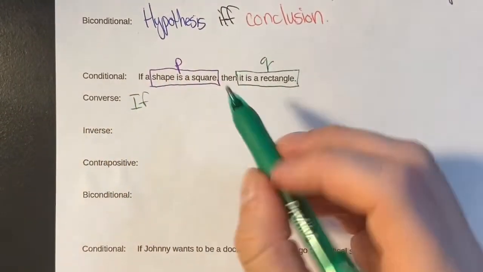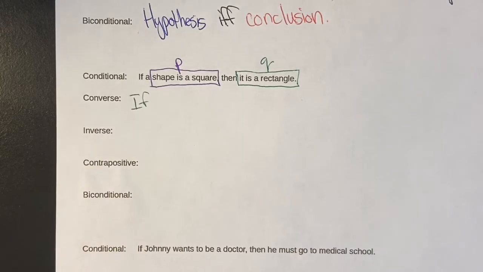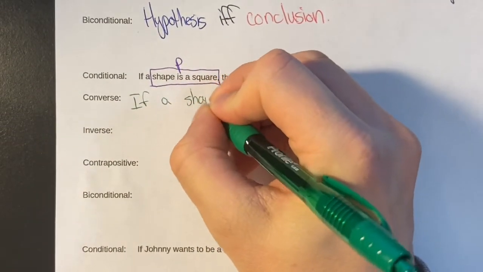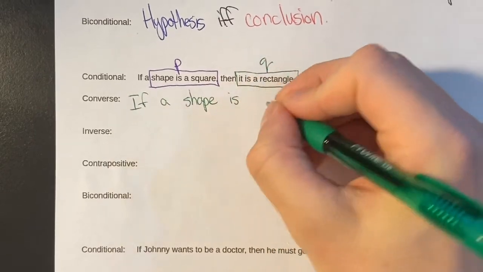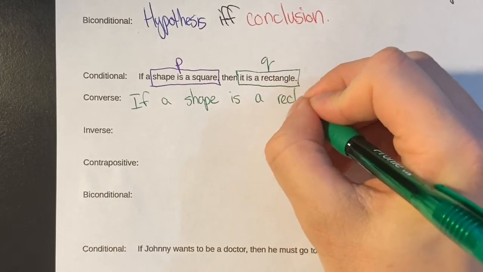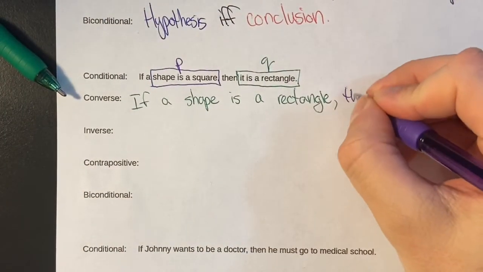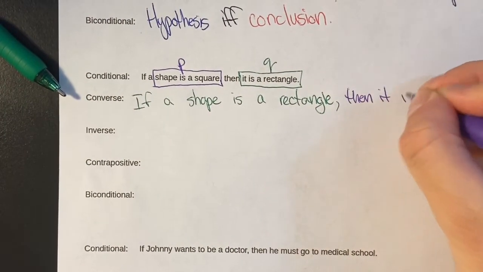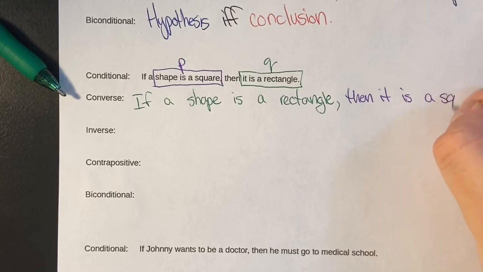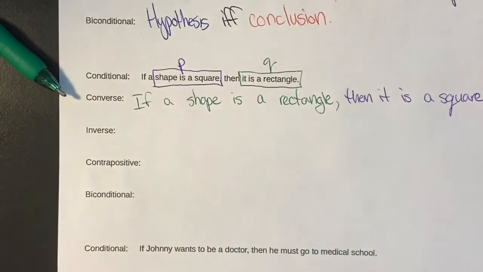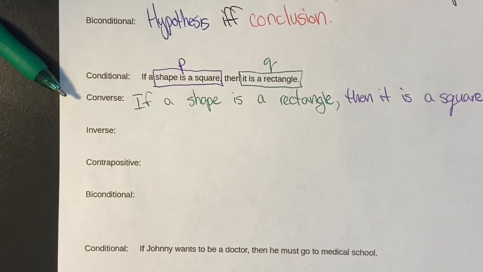So if a shape is a rectangle, then it is a square. We'll find out the truth values later.